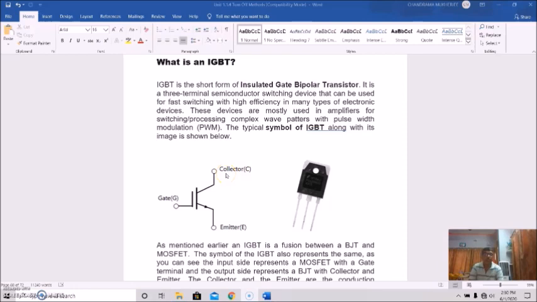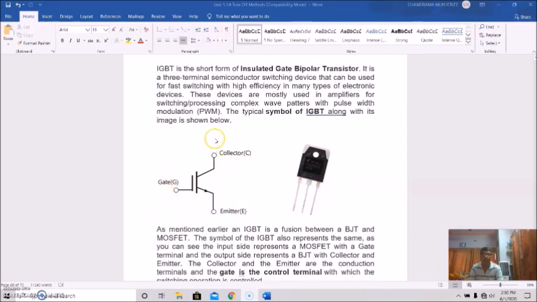Mostly these devices are used in amplifiers for switching and triggering, and processing complex wave patterns with pulse width modulation, etc. The typical symbol of IGBT, along with one of its images, is shown here. This is the symbol of IGBT, and this is a typically available IGBT.